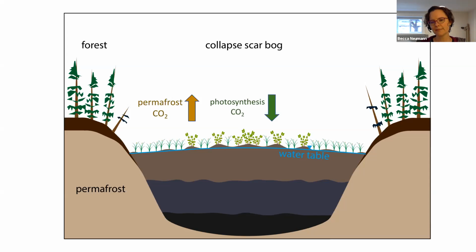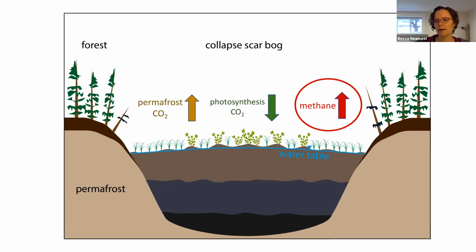scales. However, in more near-term time scales, say decades to centuries, we need to account for the fact that wetlands often are producing and emitting methane. And we all know methane is a potent greenhouse gas.